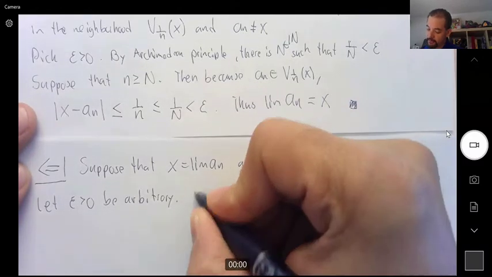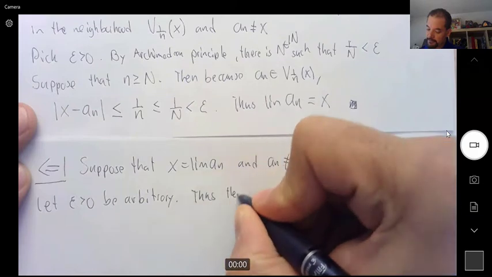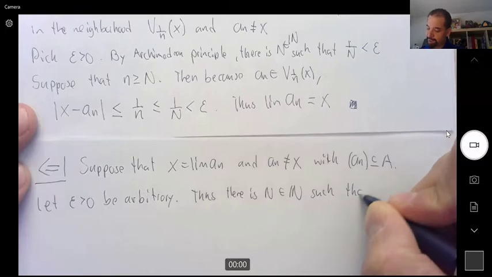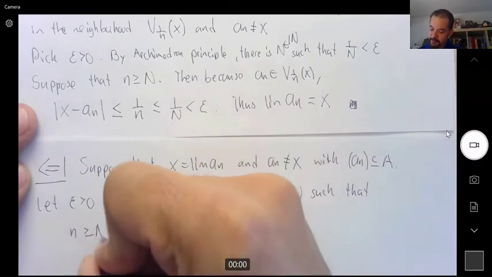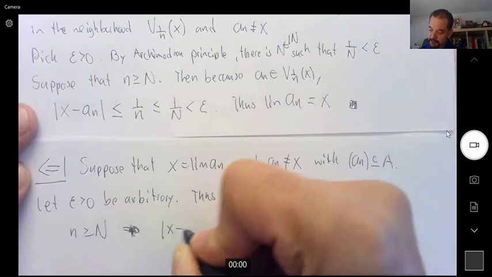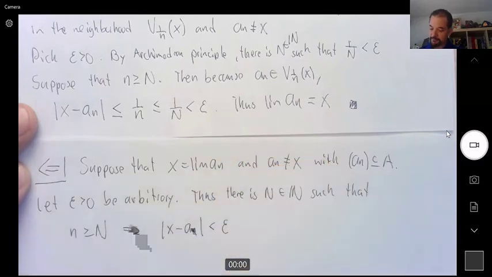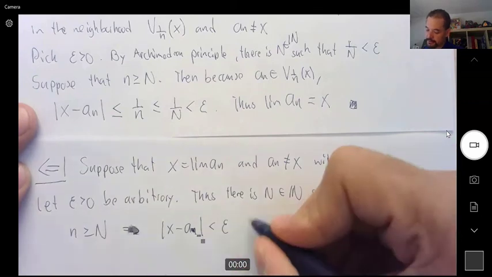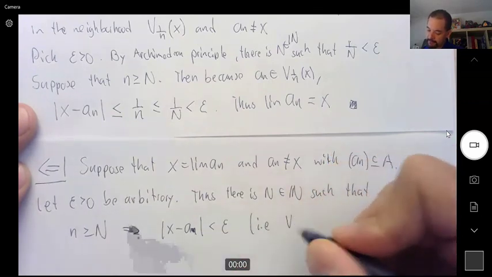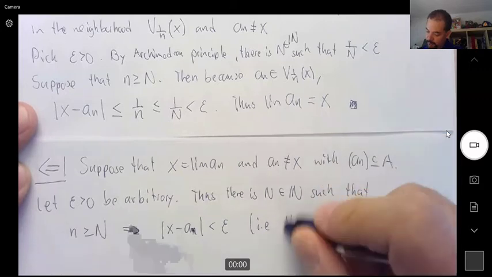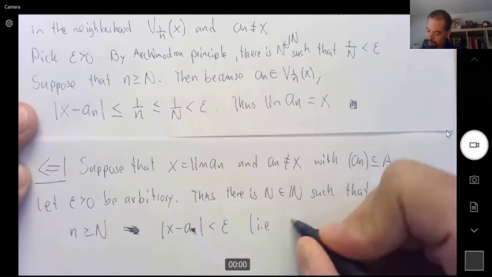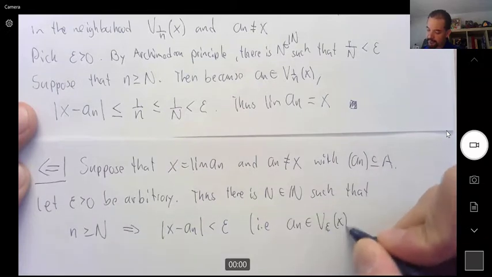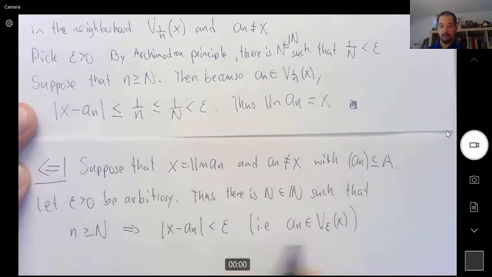It means that there is some capital N, a natural number, such that if little n is bigger than capital N, then |x minus a_n| is less than epsilon. And this is a different way of saying that the number a_n belongs to the epsilon neighborhood around x. These two things say the same thing, right?